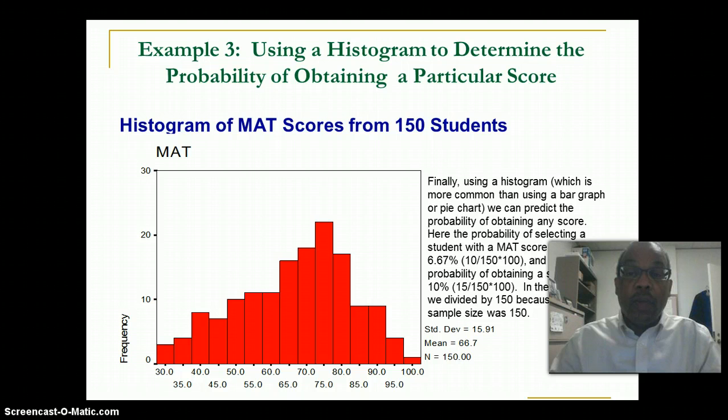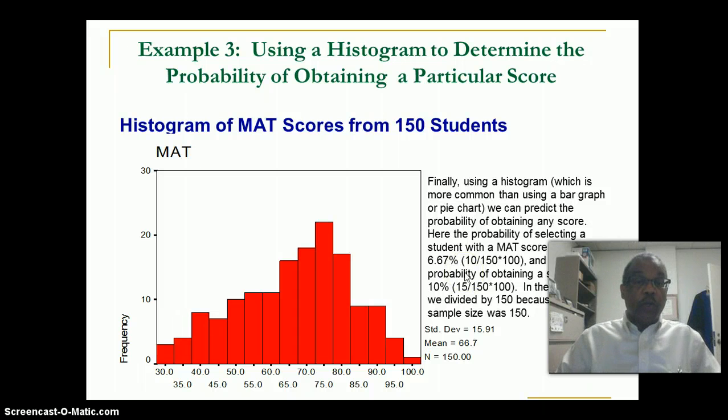In this case, we could ask how likely it is that we would find someone who scored 50 on the Miller Analogies Test. Well, we would go to the block that has 50. If you notice the cursor where we have 50, you'll see that 10 of the 150 students scored 50. So the probability is 10 out of 150, times 100 to get a percentage, which is about 6.67%.